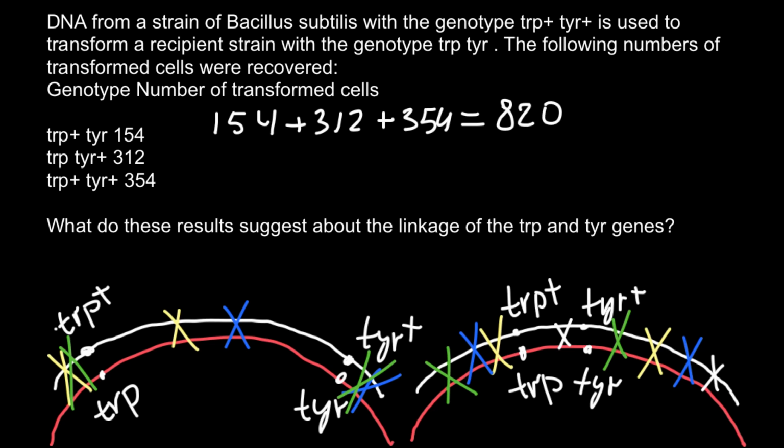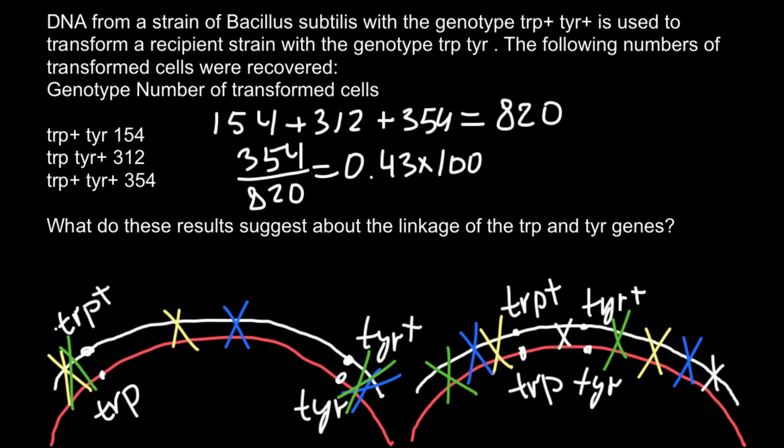Now we have to divide 354 by 820. And we are going to get 0.43. And if we need an answer in percentage form, we have to multiply this answer by 100, and we are going to get 43%. And this is going to be our answer.